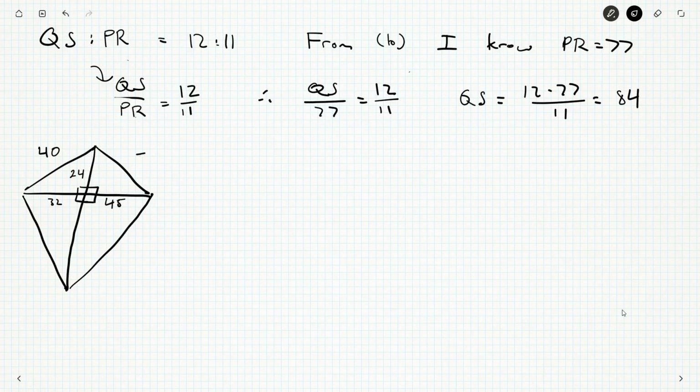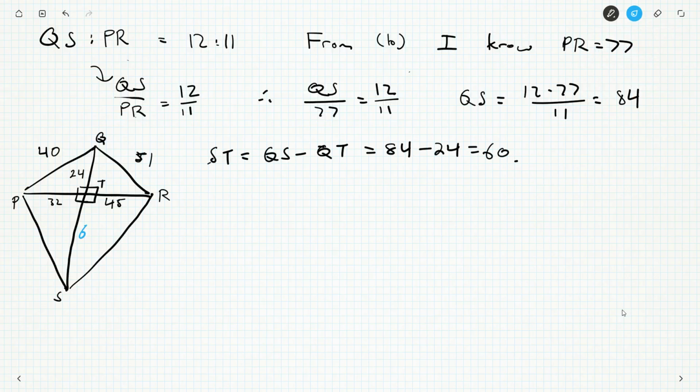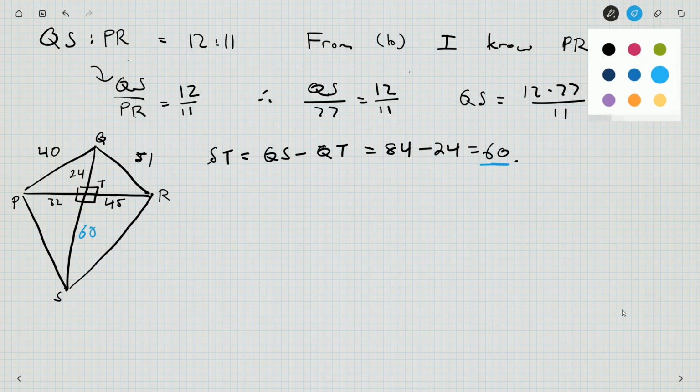So we had a 45 there and a 51 there, and it was Q, T, R, S, and P. ST is QS minus QT, which we now know is 84 minus 24, is 60. I'm a big fan of putting a different color for something I've learned. So we get a 60 there.